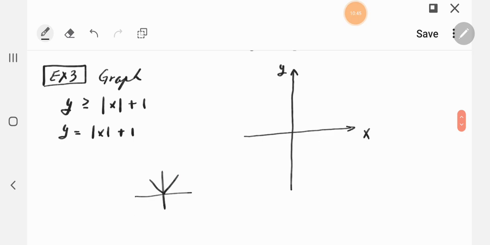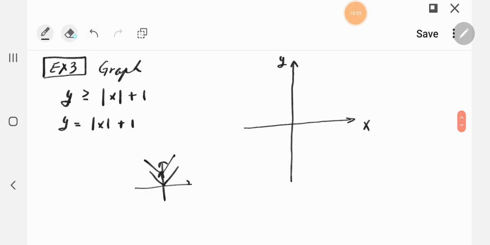This is the absolute value of x. And then we will translate this one 1 unit up, because plus 1 means 1 up. So we will shift y equals absolute value of x 1 unit up.